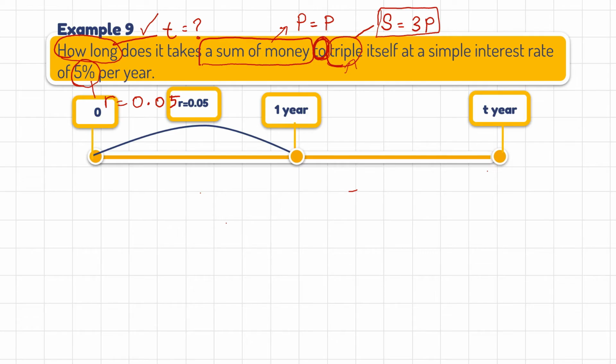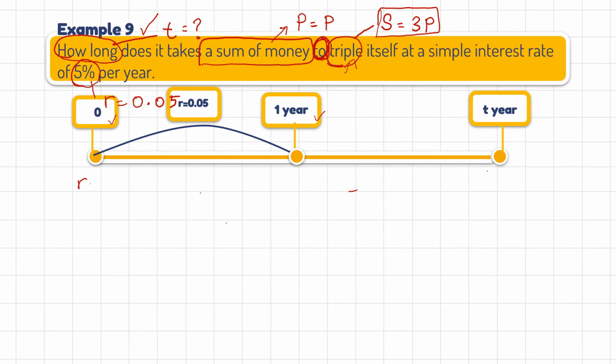Now, on the timeline, we will have 0, 1 year to portray that this is simple interest. Okay? And then T years, since the question asks for how long does it take. We don't know the exact value of T, so we just put T years. Let's rewrite the information.